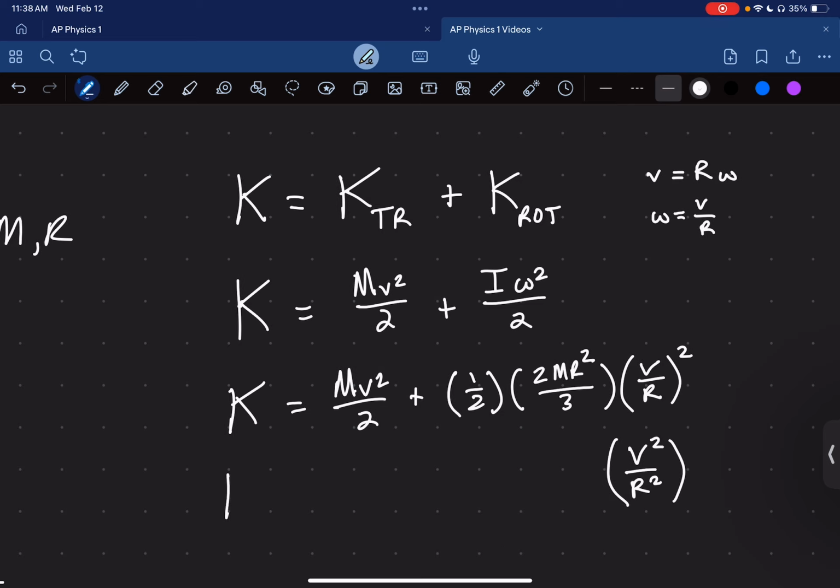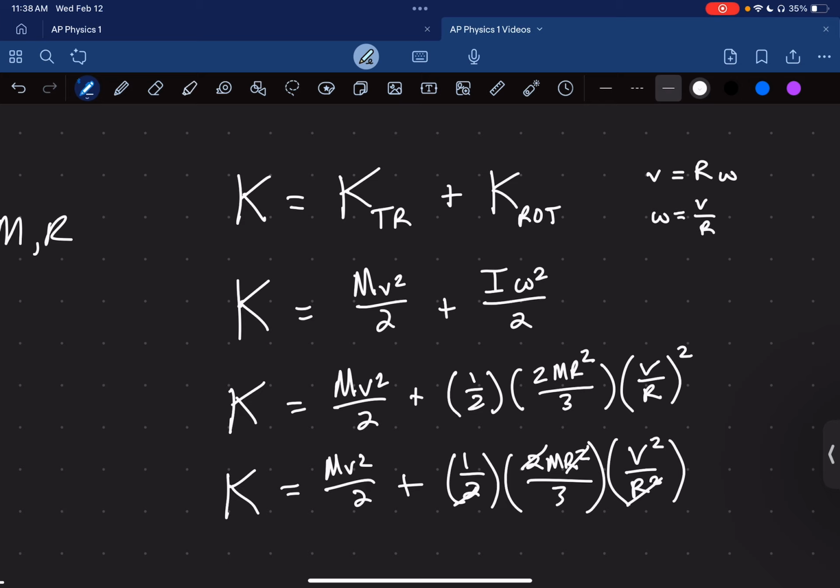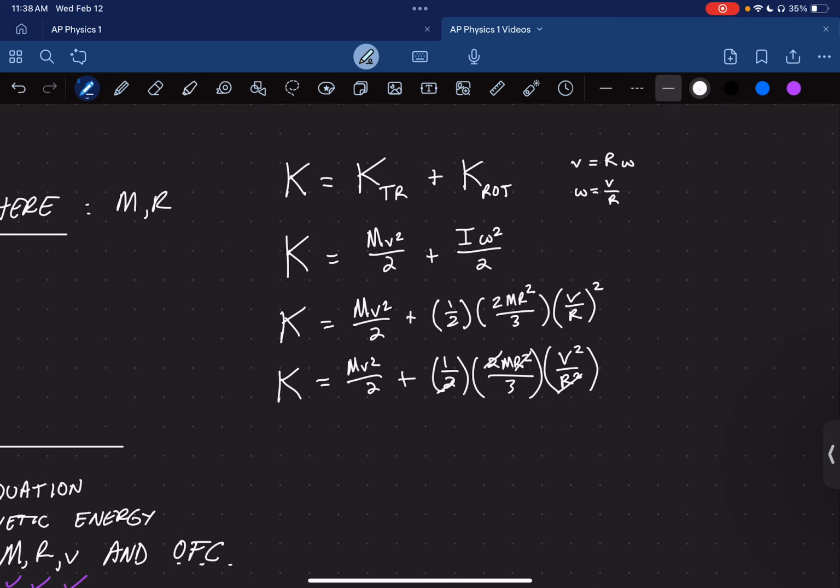So 1/2, 2/3 mr squared over 3. And we can cancel out a few things. We can cancel out 2, we can cancel out r squared, and so we're left with mv squared over 2 plus, the 1 kind of drifts off there, this is v squared over 3. And we can combine these, just get a common denominator, which is 6.